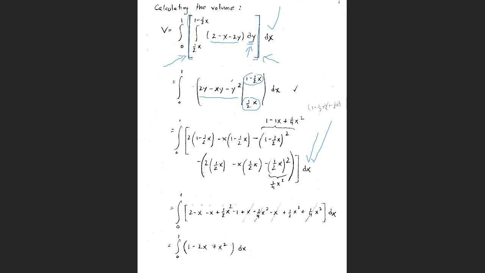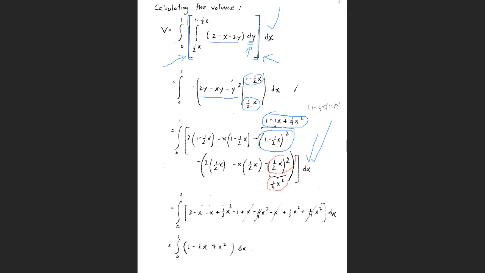So this is now a matter of just taking these binomials and squaring them. 1 minus a half x quantity squared would be 1 minus 1x plus a fourth x squared. Well, a half x squared is just a fourth x squared.